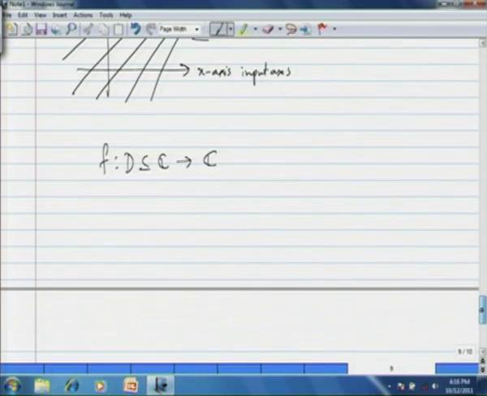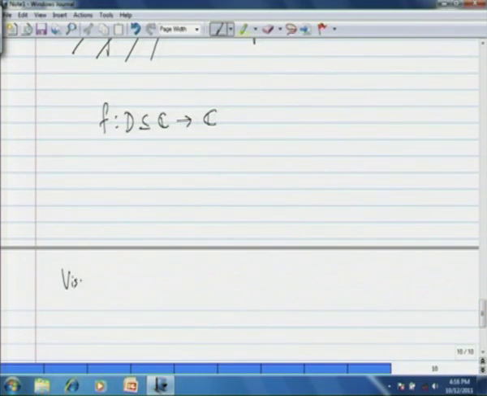Let me explain with an example. Here is my first example: visualizing complex functions.